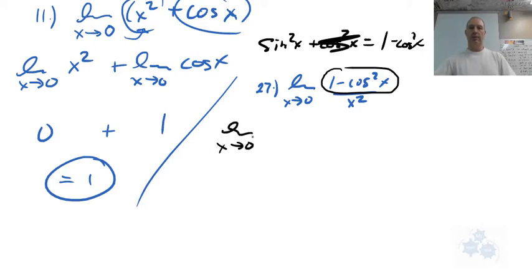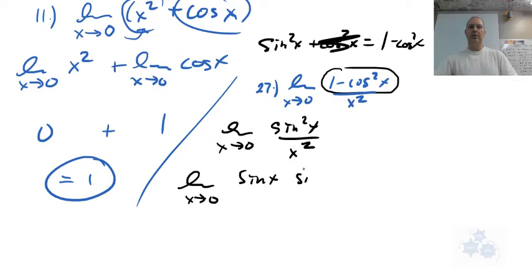The limit as x approaches 0 of sine squared x over x squared. Now that's pretty close. That's not exactly what we're looking for, but watch what we can do. The limit as x approaches 0, this is like saying sine x times sine x, and this is like saying we have an x times an x in the bottom.